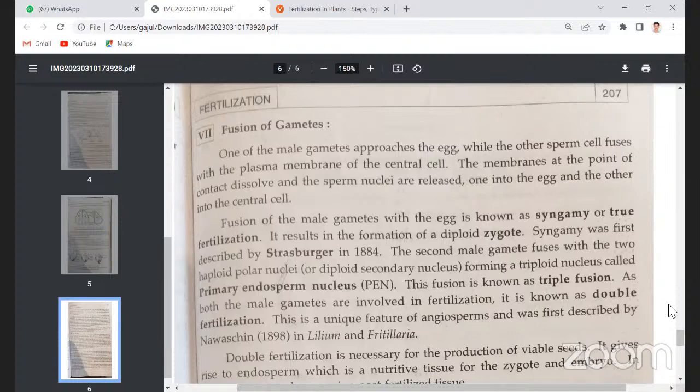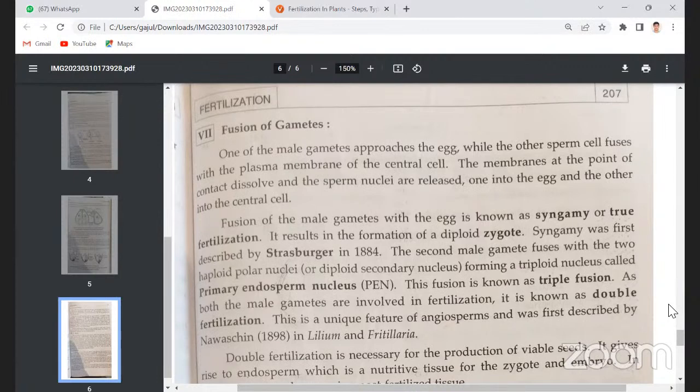As both male gametes are involved in the fertilization, it is known as double fertilization. The fusion is known as triple fusion, and since both the male gametes are involved in fertilization, it is known as double fertilization.